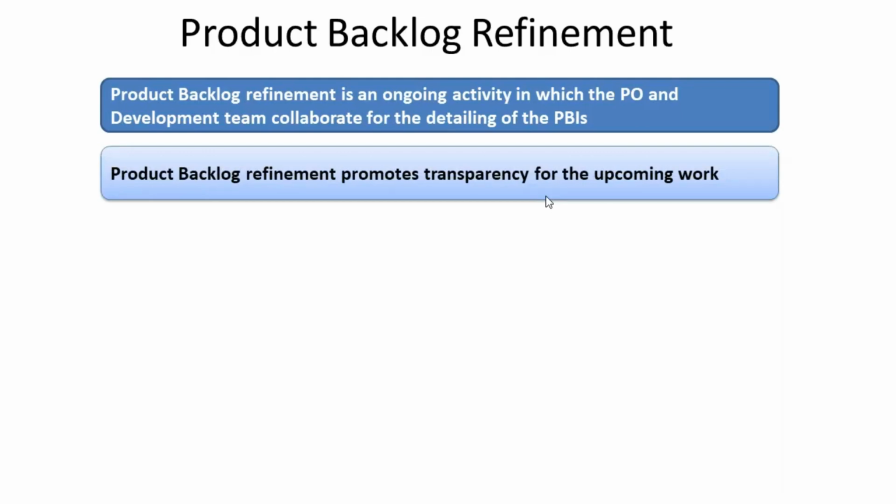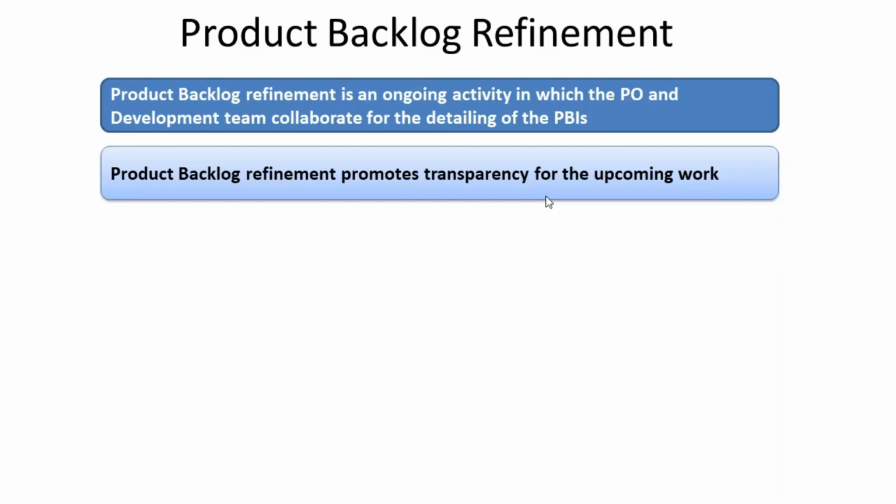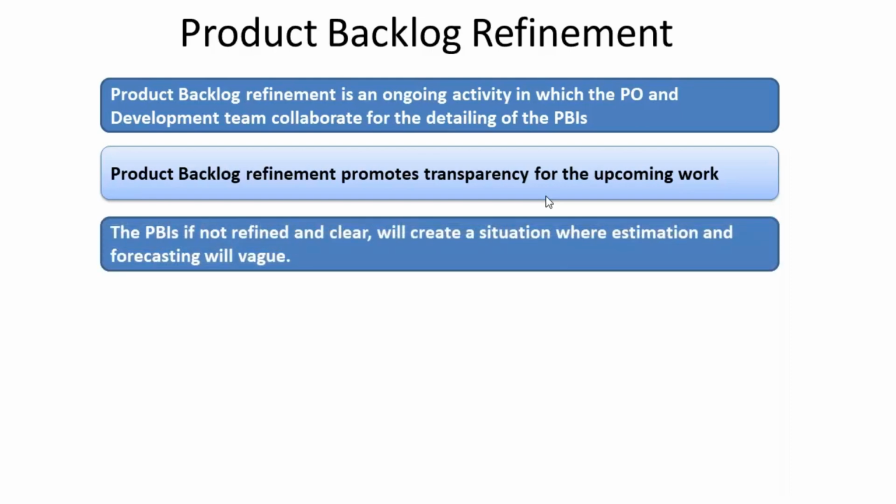Product backlog refinement promotes transparency for the upcoming work. If the product backlog items are not refined and well understood by the team, then it can create gaps in estimation and sizing.